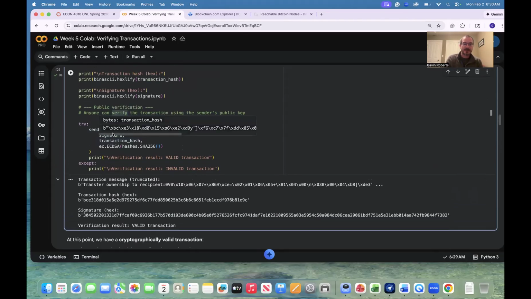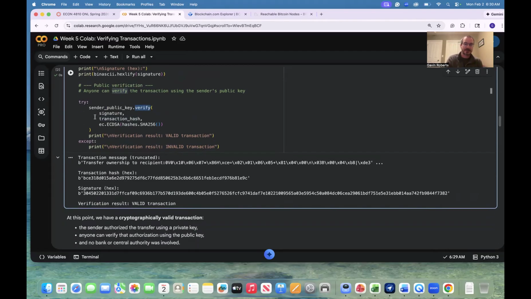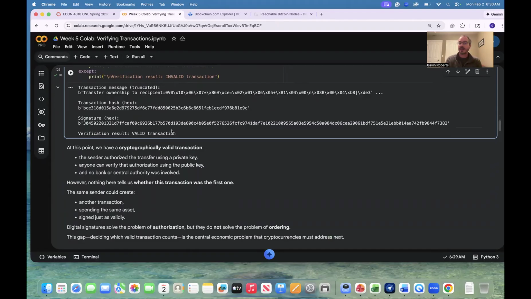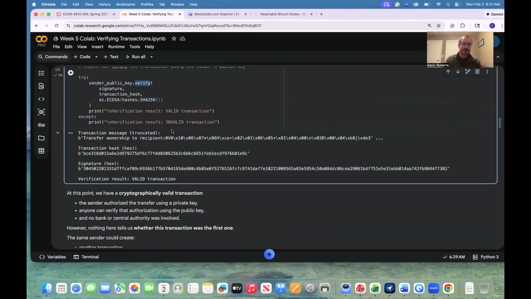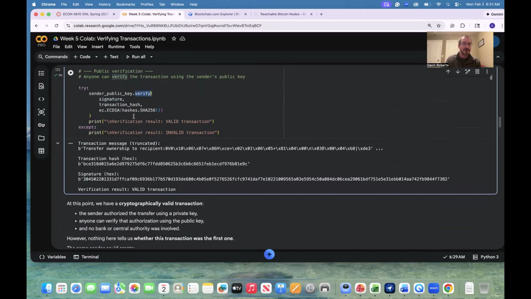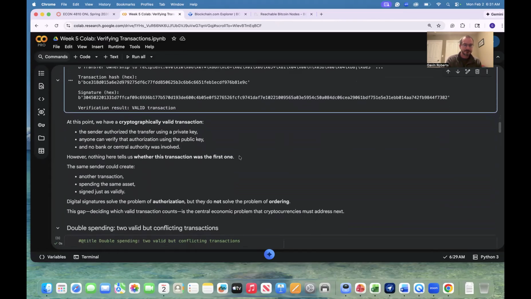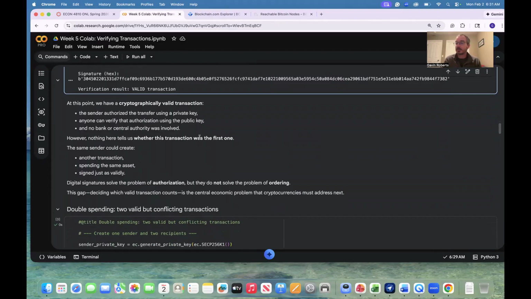We have this signature, which doesn't reveal anything, and the transaction hash. And so anybody can do that step because the private key is not required in this step. The private key was required to make the signature, but it is not required to verify the signature. And no bank or central authority was involved in this transaction.